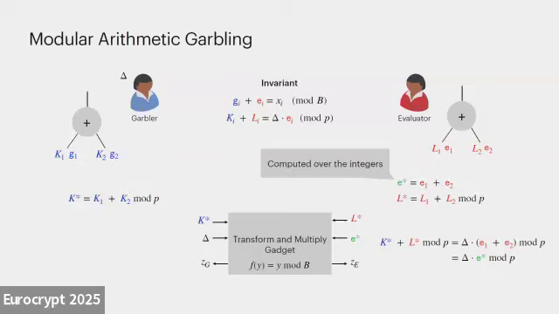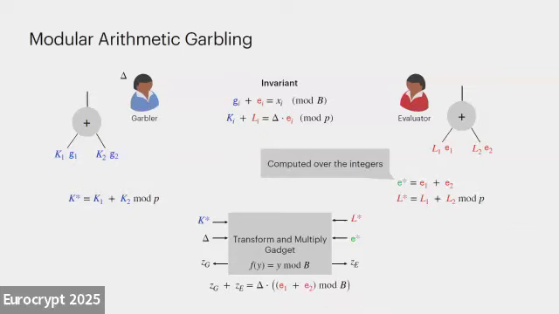This is easy to see because E star is just the sum over the integers, so K star plus L star is equal to delta times E star mod P. Because this is true, from the correctness guarantee of the transform and multiply gadget, what we get is delta times E1 plus E2 mod B.